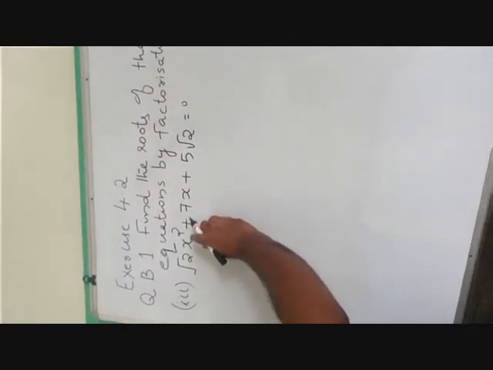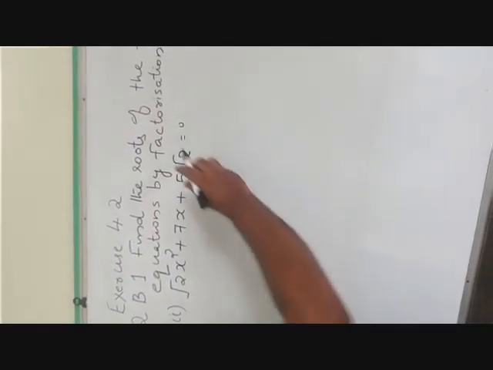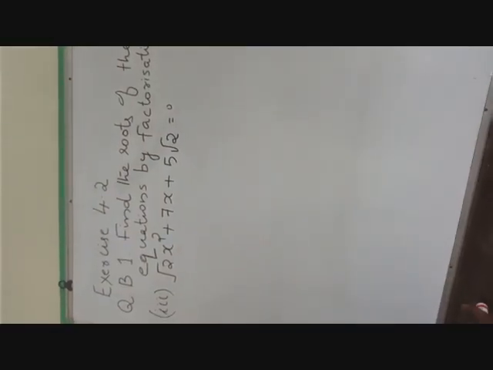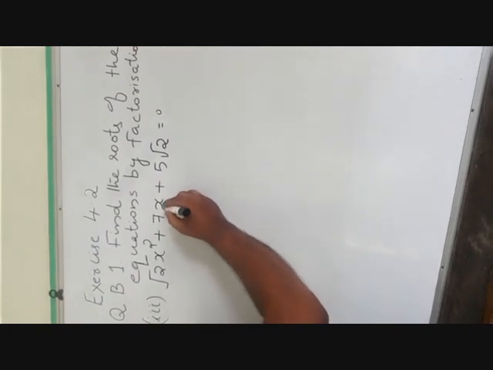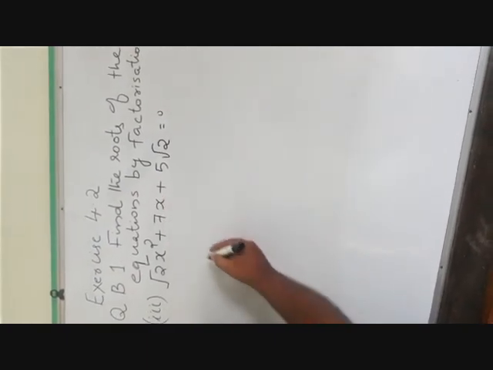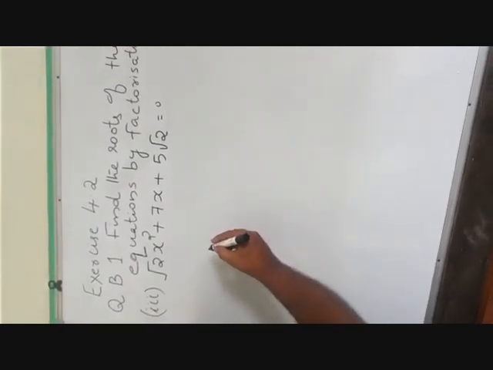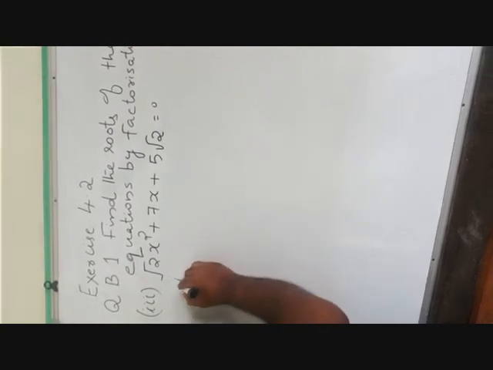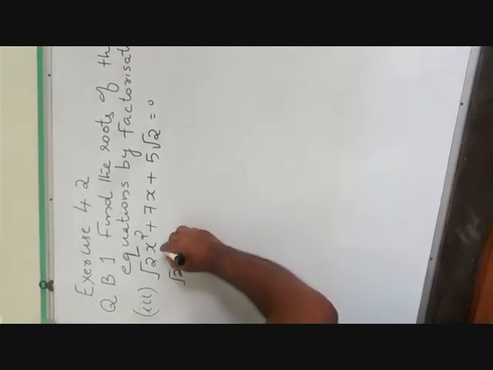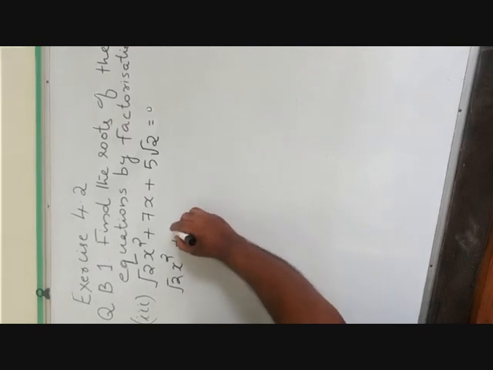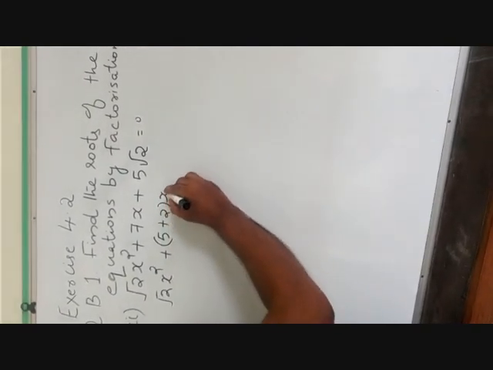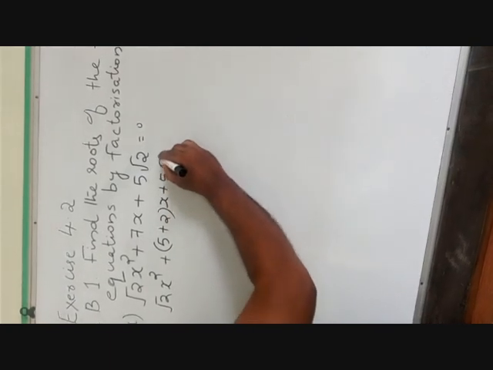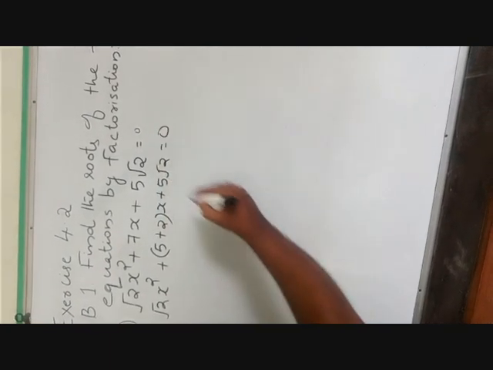Root 2 x squared plus 7x plus 5 root 2 is equal to 0. Here also we have to split the middle term. The middle term is 7x. We can split it into 5 plus 2. 5 plus 2 is 7. Therefore, root 2 x squared plus 5 plus 2 into x plus 5 root 2 is equal to 0.